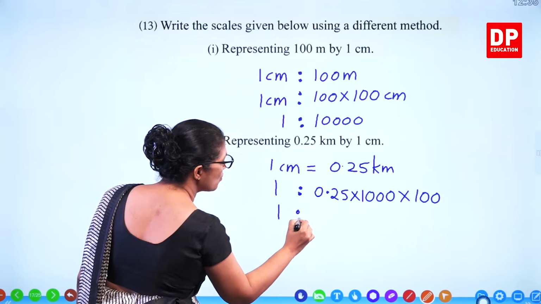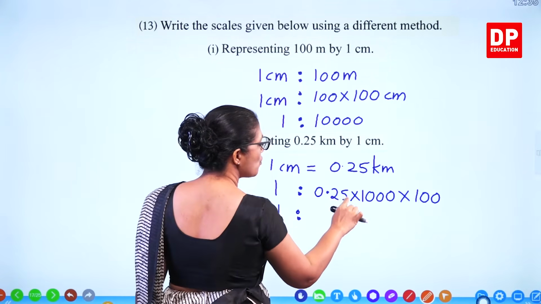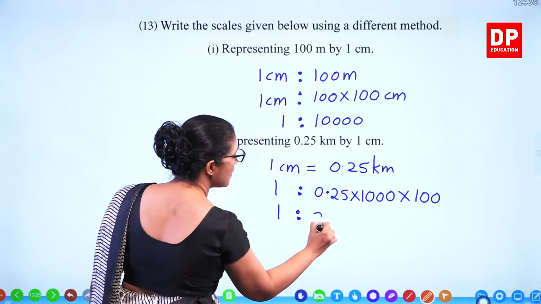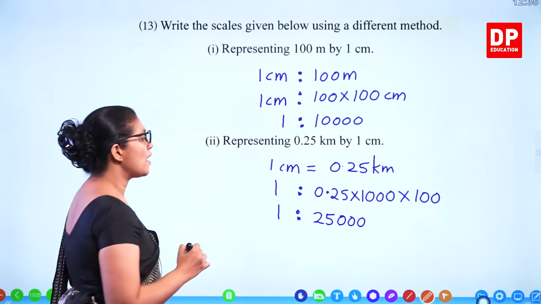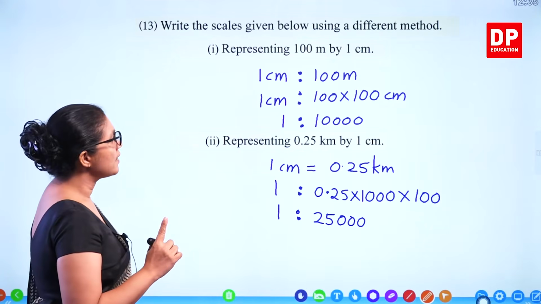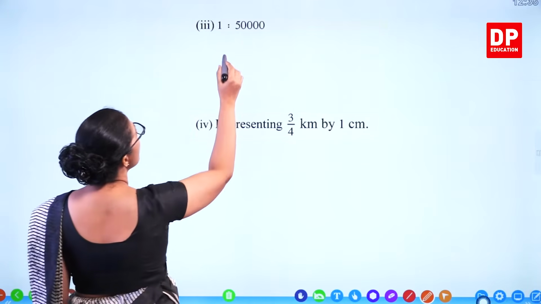So 25 with 3 zeros, 25,000. 1 to 25,000. 1 to 50,000. How can you rewrite this?